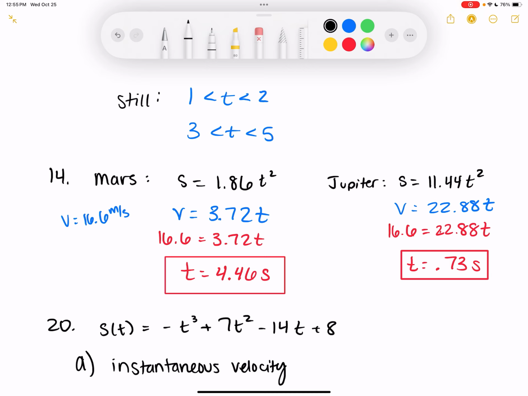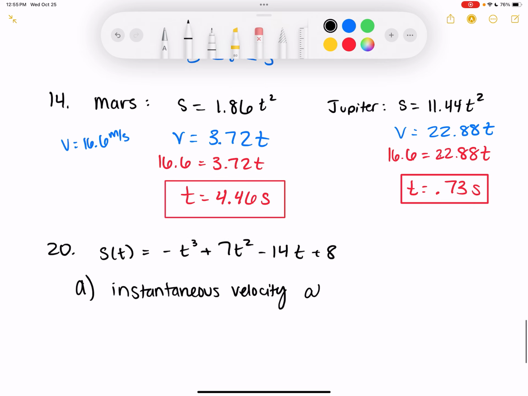So that means we don't need the formula. All we need to do for that part is to take the derivative because it's at any time t. Underline that part there.